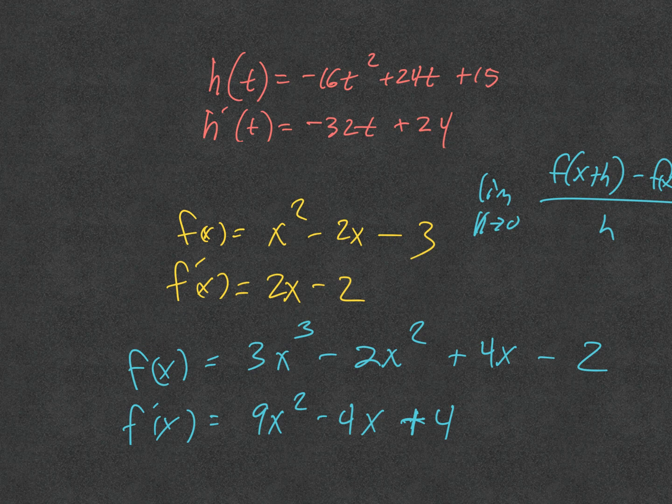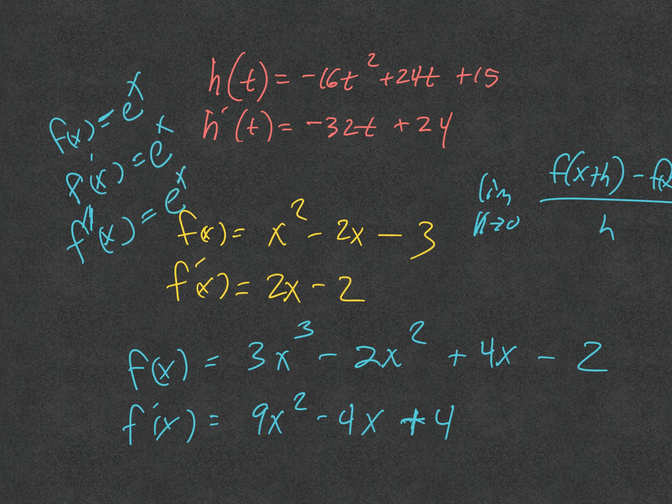Yes. There's other things that you'll get to. You'll say, if f of x equals e to the x, the derivative of f of x is e to the x, which means the second derivative, that's double prime, is also going to be e to the x.